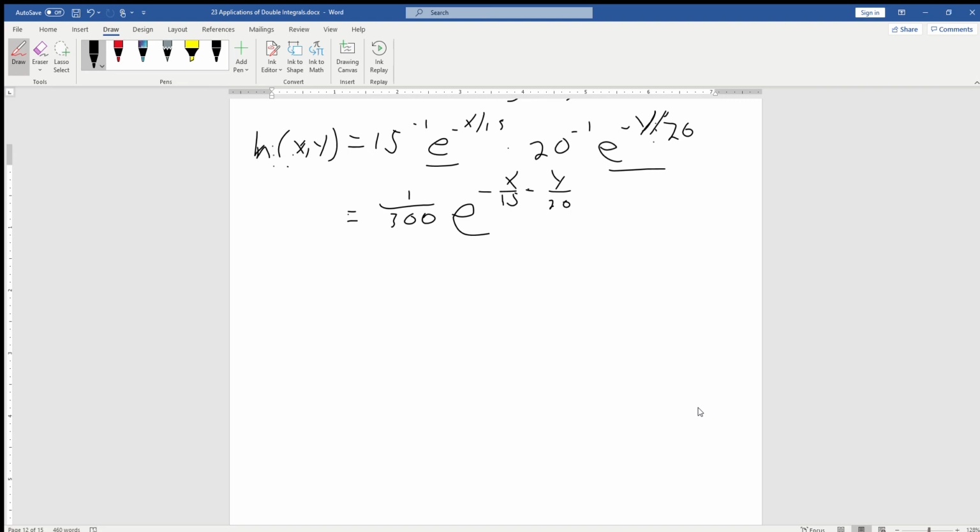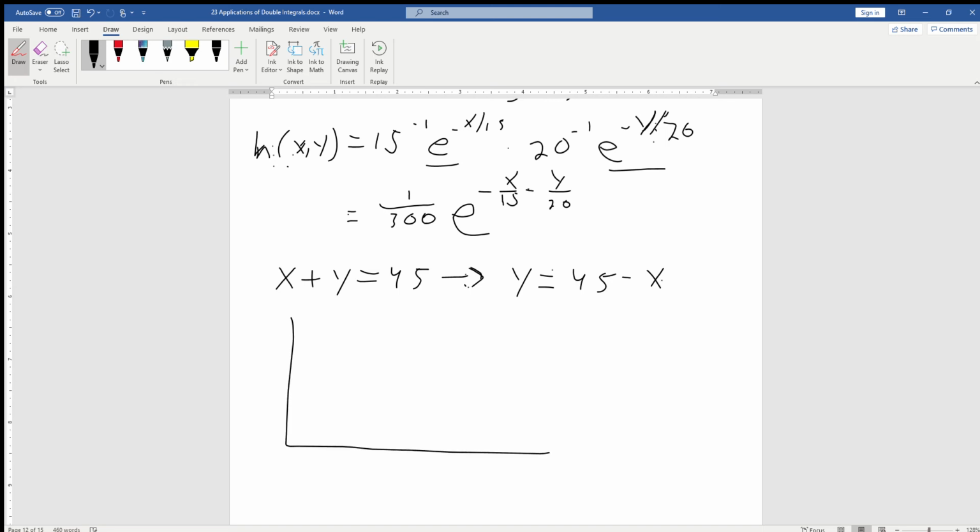So x plus y, now we want to say greater than 45, let's just right now have it equal to 45. That gives us the boundary, a linear function, y is equal to 45 minus x. If we graph that, that's what we get: slope of -1, intercept of 45.